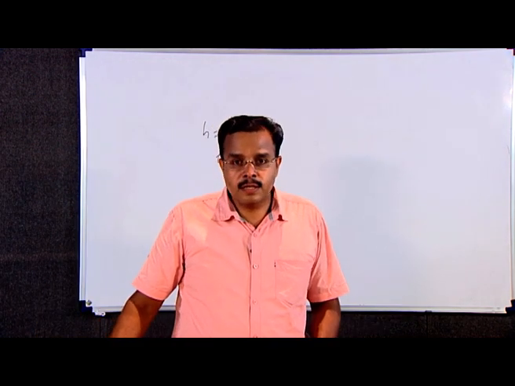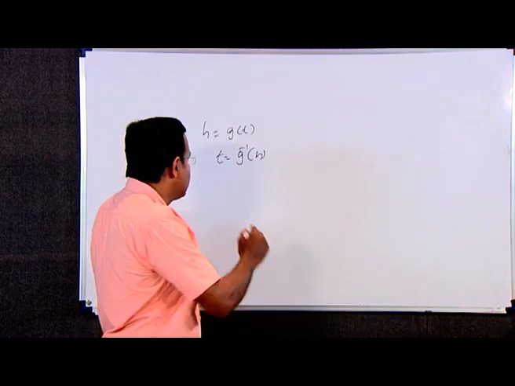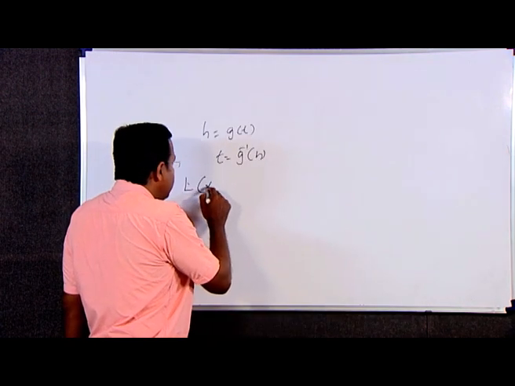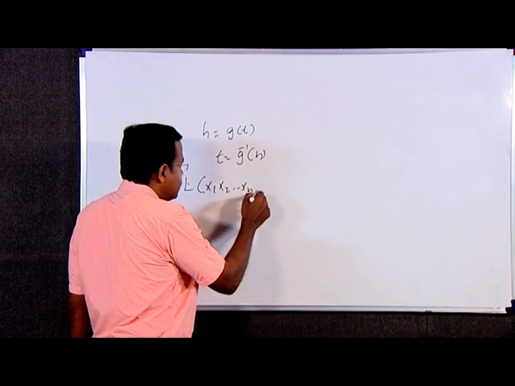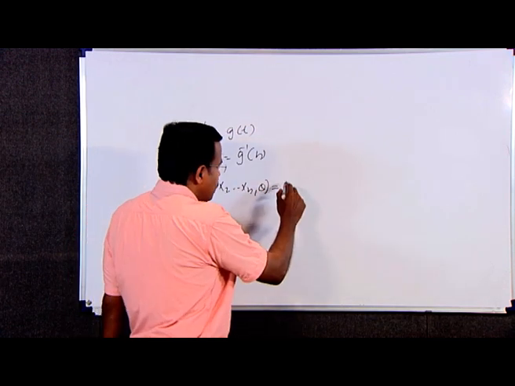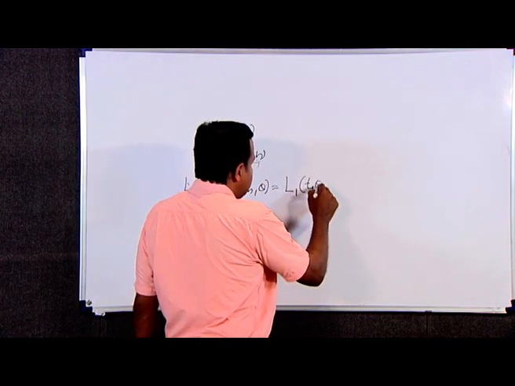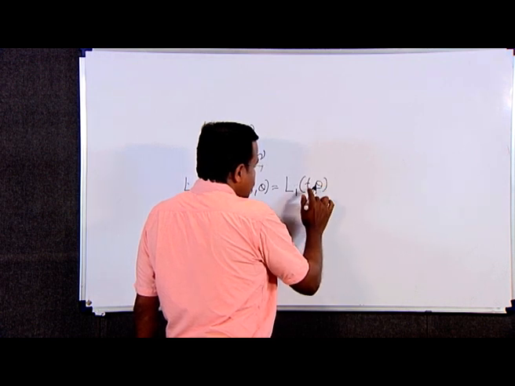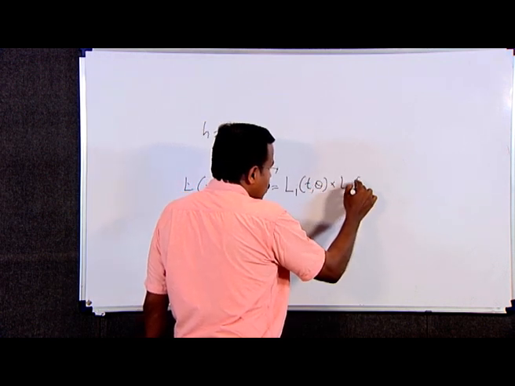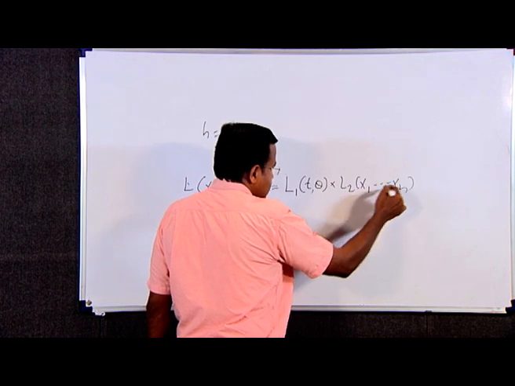Since t is sufficient for theta, L of x1, x2 etc. xn, theta equal to L1 of t, theta into L2 of x1, x2 etc. xn.